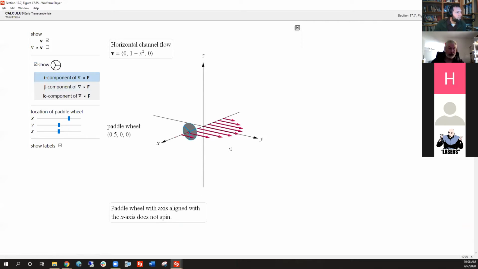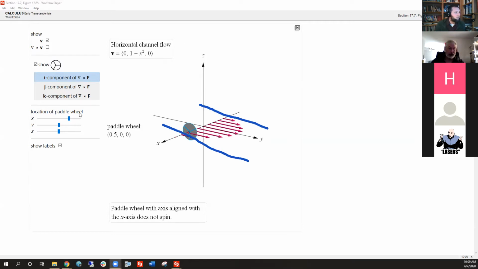All right, so imagine that this is the flow in some sort of a river. I sort of think about it like there are the banks of the river here, and then we put our paddle wheel in, this way, going with the current, and notice that it's not going to spin at all.